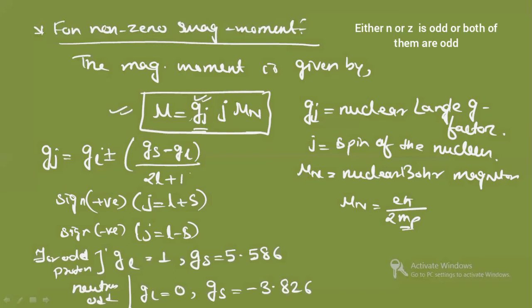The positive sign is for J equals L plus S, the negative sign for J equals L minus S. For an odd proton, G_L is 1 and G_S is 5.586, and for an odd neutron, G_L is 0 and G_S is minus 3.826. These are the things you need to remember.